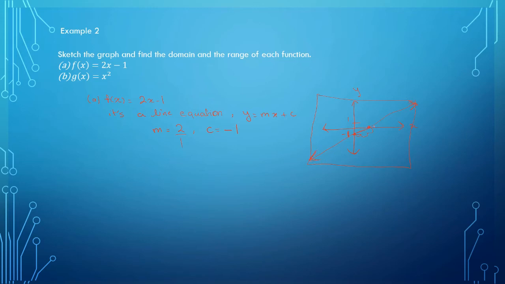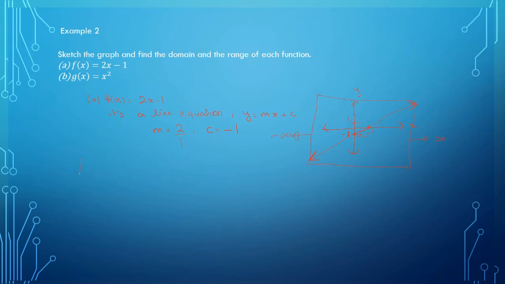And that makes our rectangle, according to the x-axis, grow like this to minus infinity and grow like this to infinity.